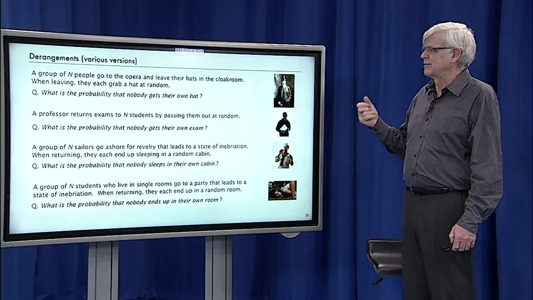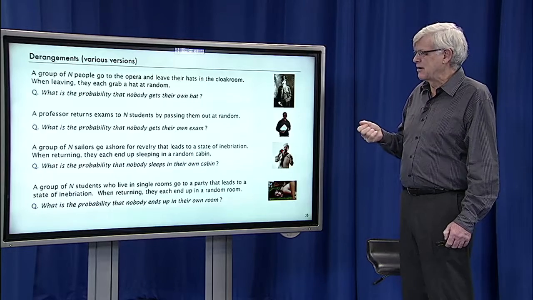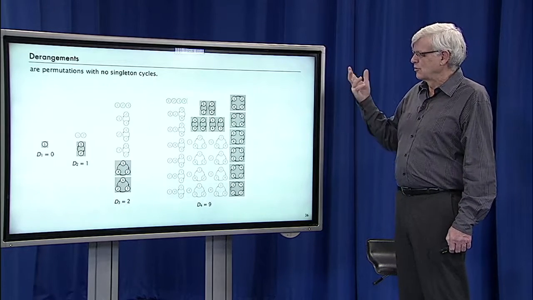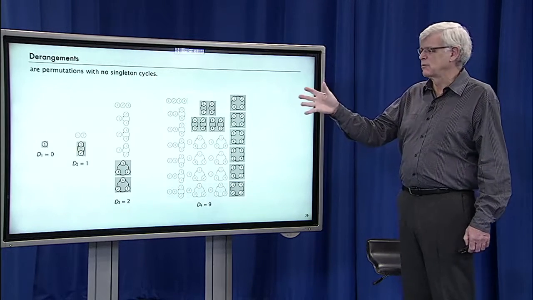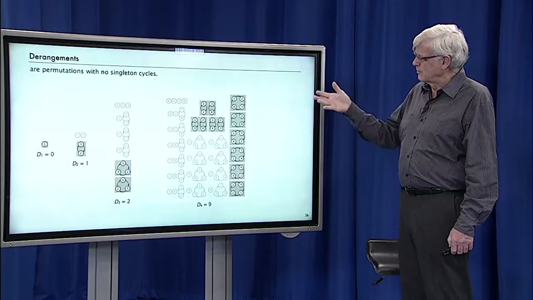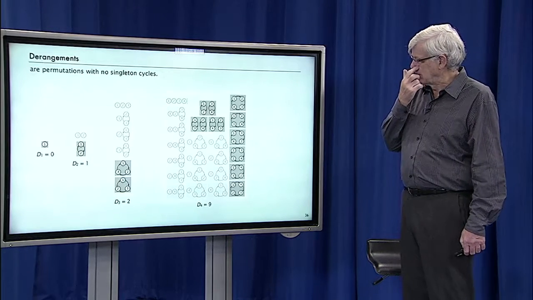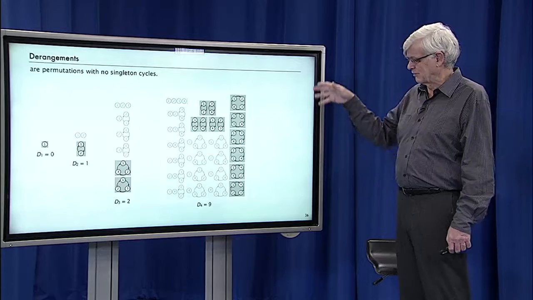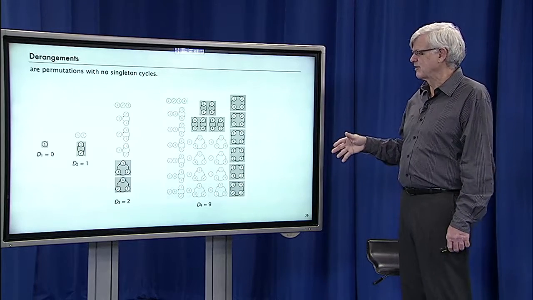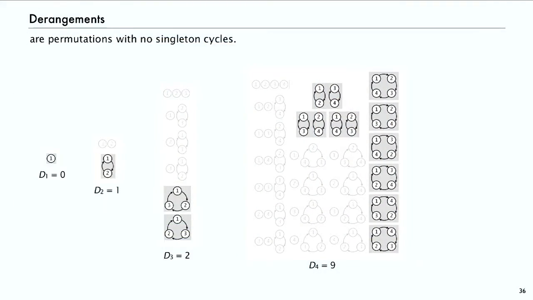And to solve that problem, what we want to do is count derangements. Derangements are permutations with no singleton cycles. This is our table of sets of cycles, which are equivalent to permutations, with the ones that have singleton cycles grayed out.